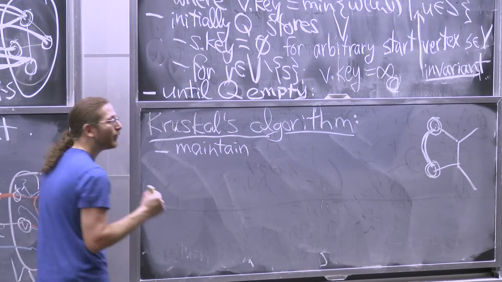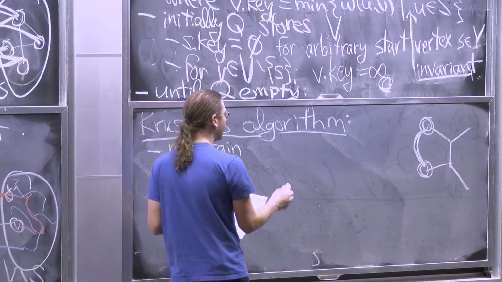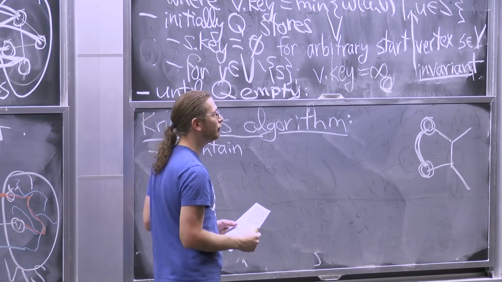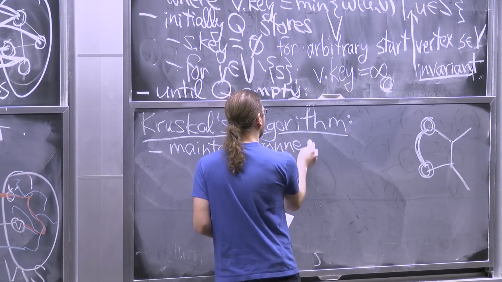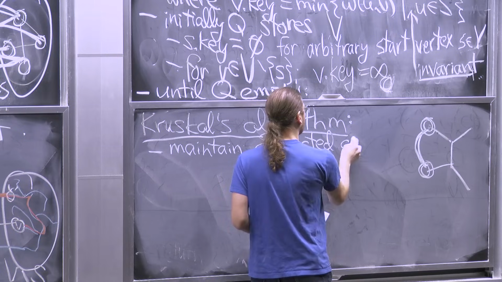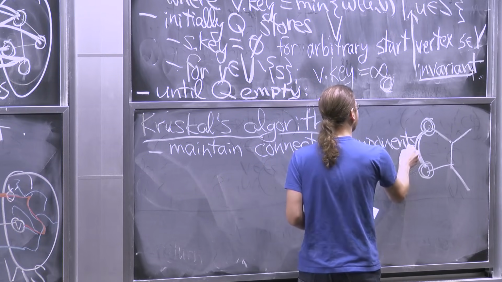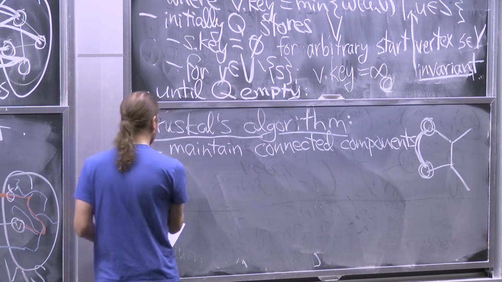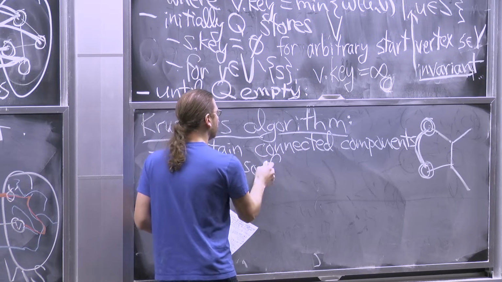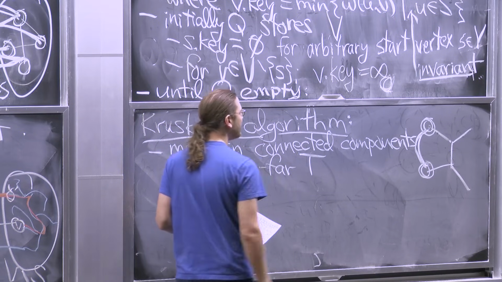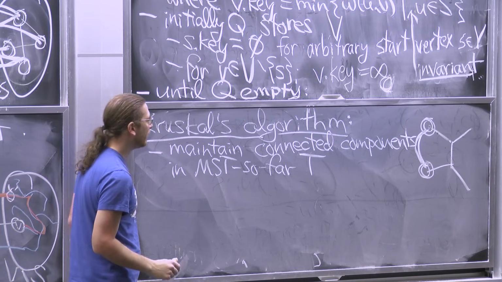And it turns out you've already seen a data structure to do that. This is what I call union find, and the textbook calls it disjoint set data structure. This was in Recitation 3. So I want to maintain my MST so far. I'm adding edges one at a time, and I have some tree.